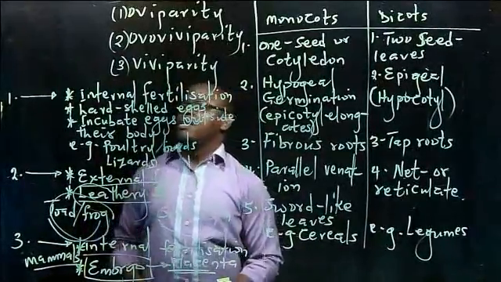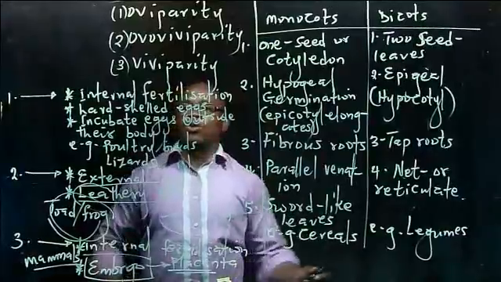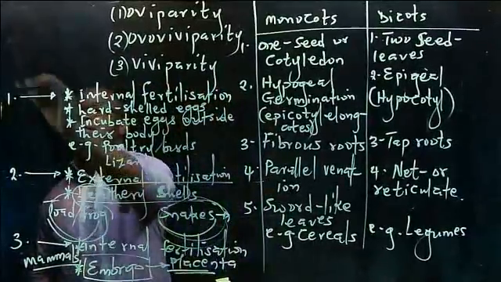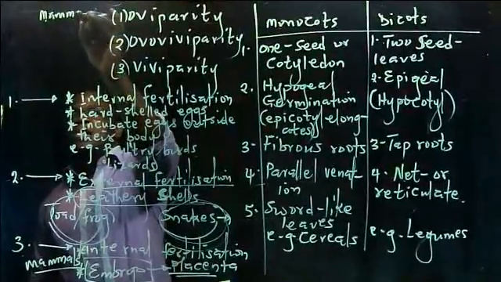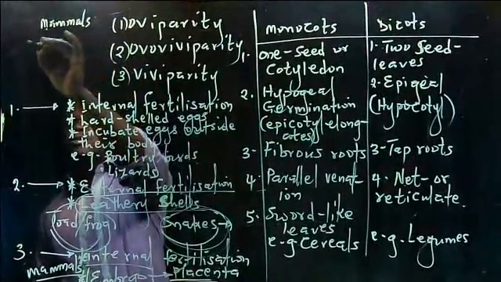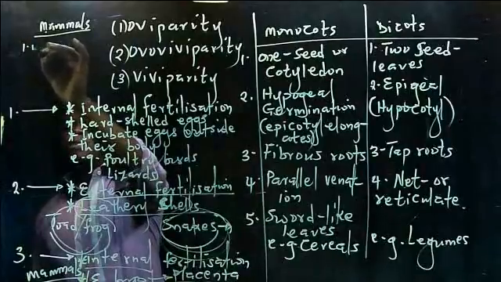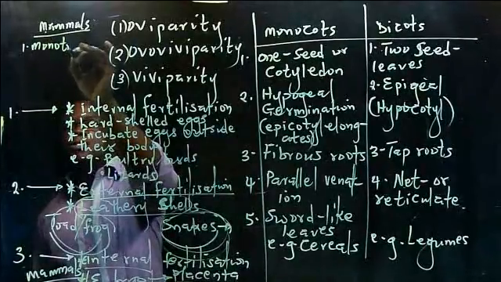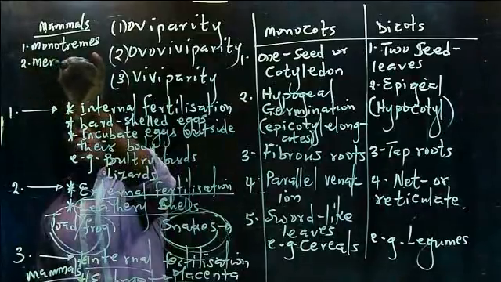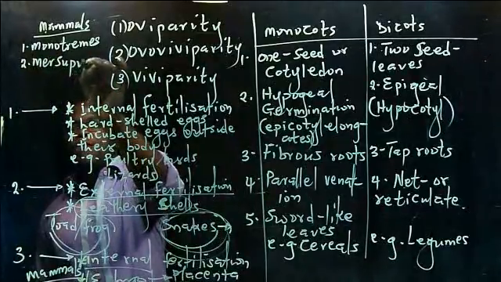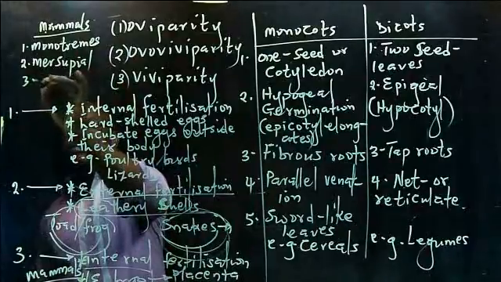Now, before we move on to the next question, I still need to make this point known. Mammals also basically can be of three categories. We could have a group of mammals called monotremes, a group called the marsupial mammals, and a group called the placenta mammals.